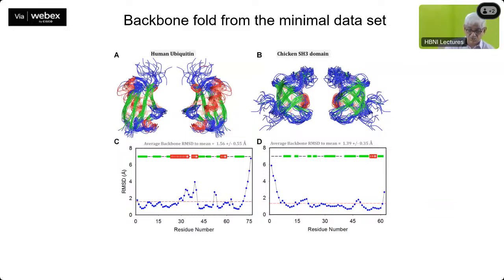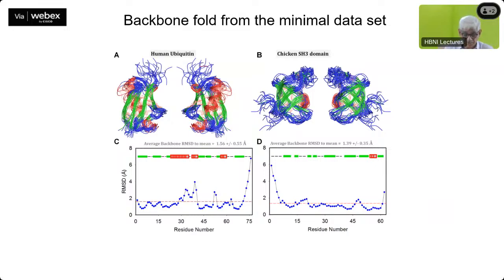What is shown here is the structure calculated for these two proteins on the top, and what is plotted here is the RMSD with respect to the crystal structure. For these, the crystal structures are already known. So you calculate the RMSD, how much is the deviation, how much is the agreement between this calculated structure and the crystal structure. This establishes the reliability of the structure calculation.